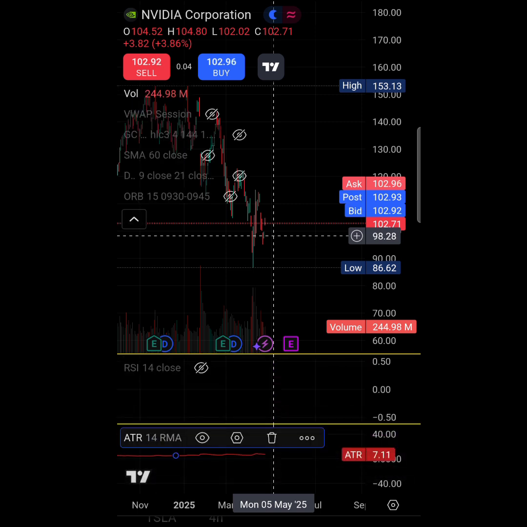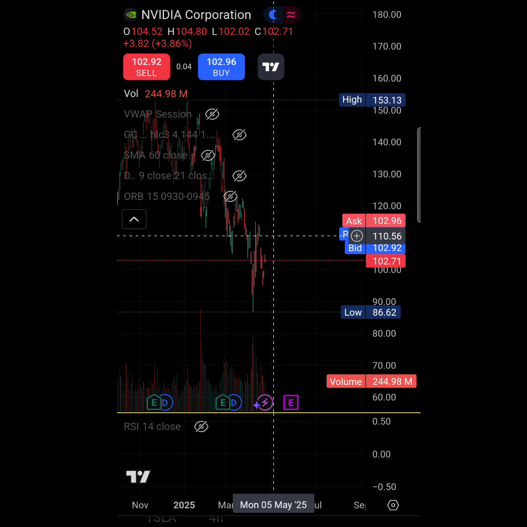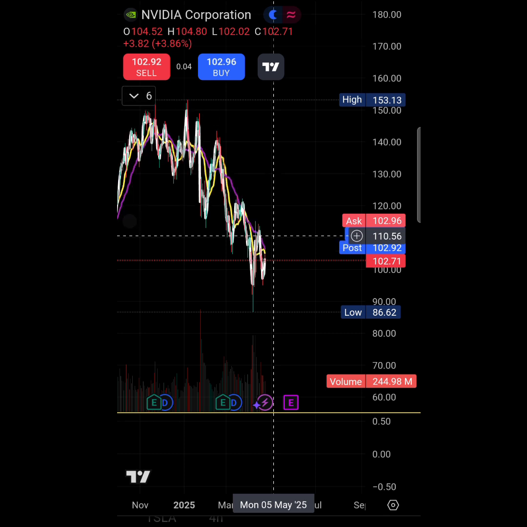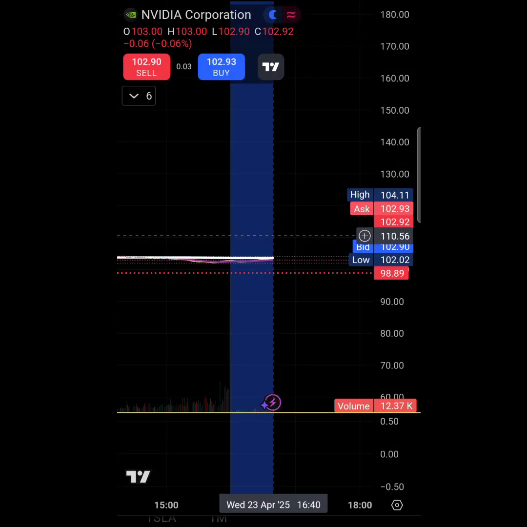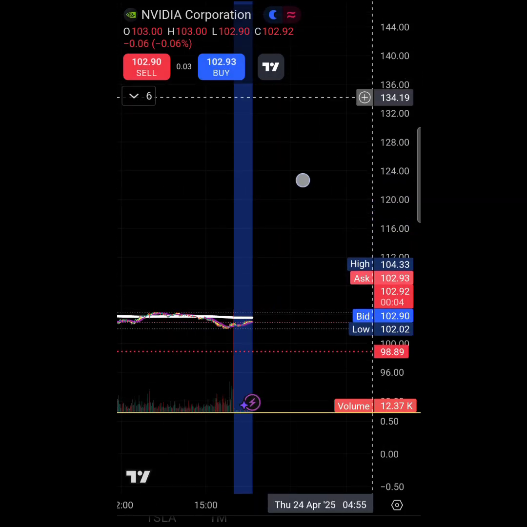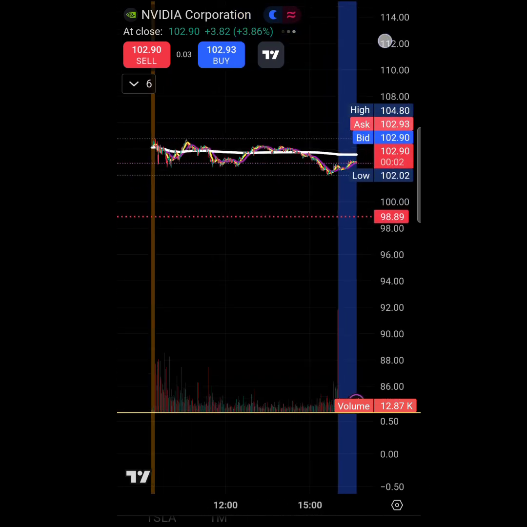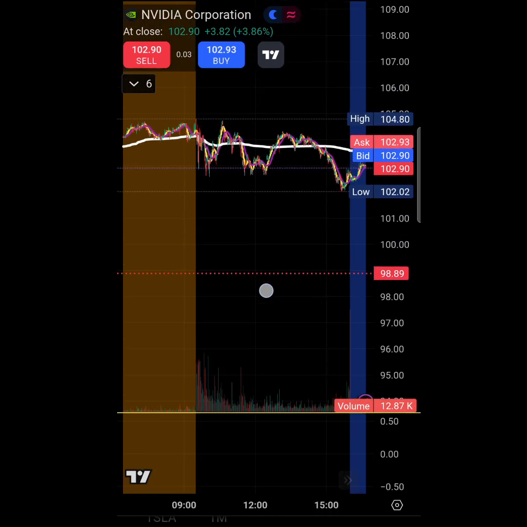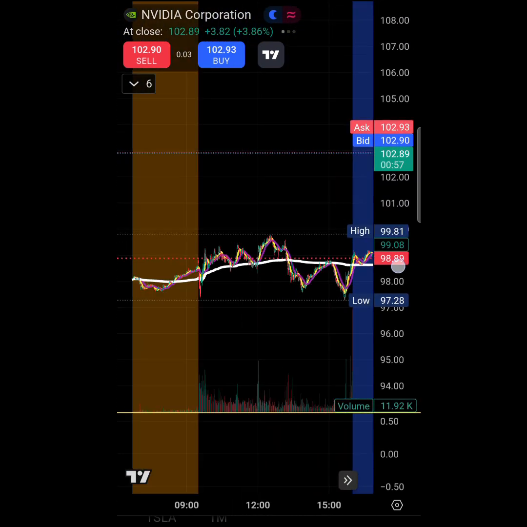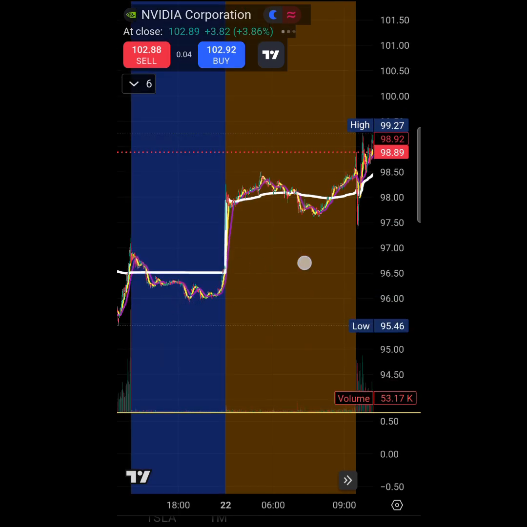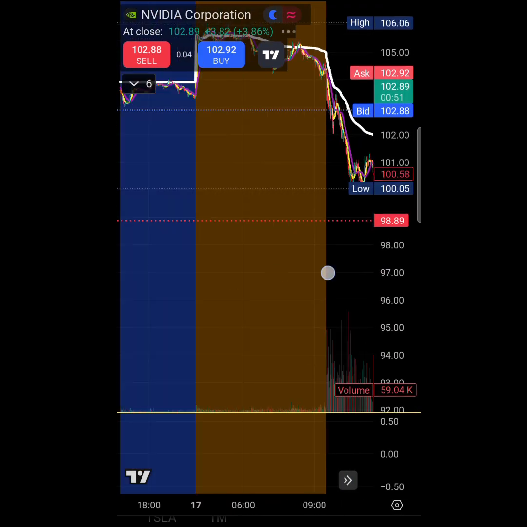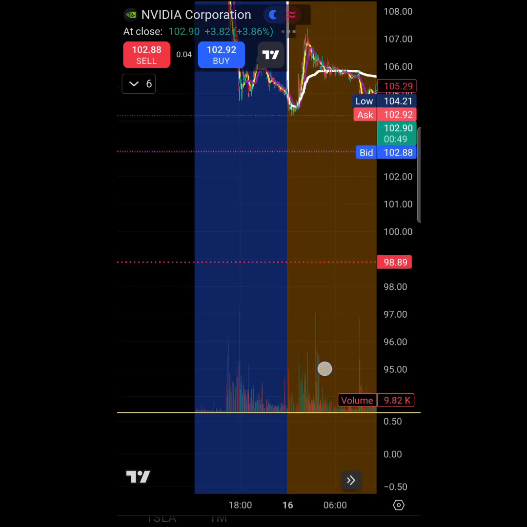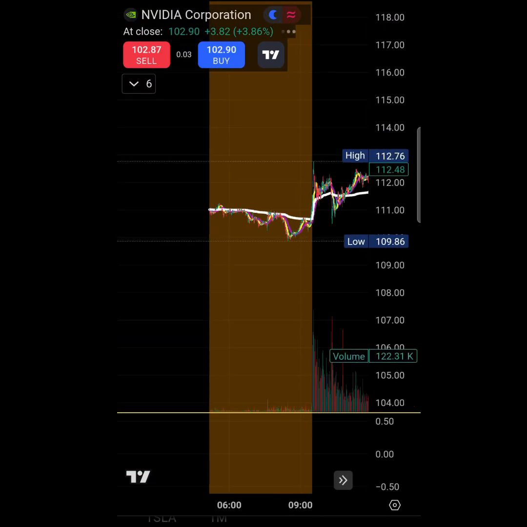So you need to bear this in mind for every stock that you trade, because if you don't, you could be placing price points where it may never reach by the end of that day. And you could be waiting, but it will never get to that price point. So you really need to know the stock that you're trading. You really need to understand the ins and outs of that stock.